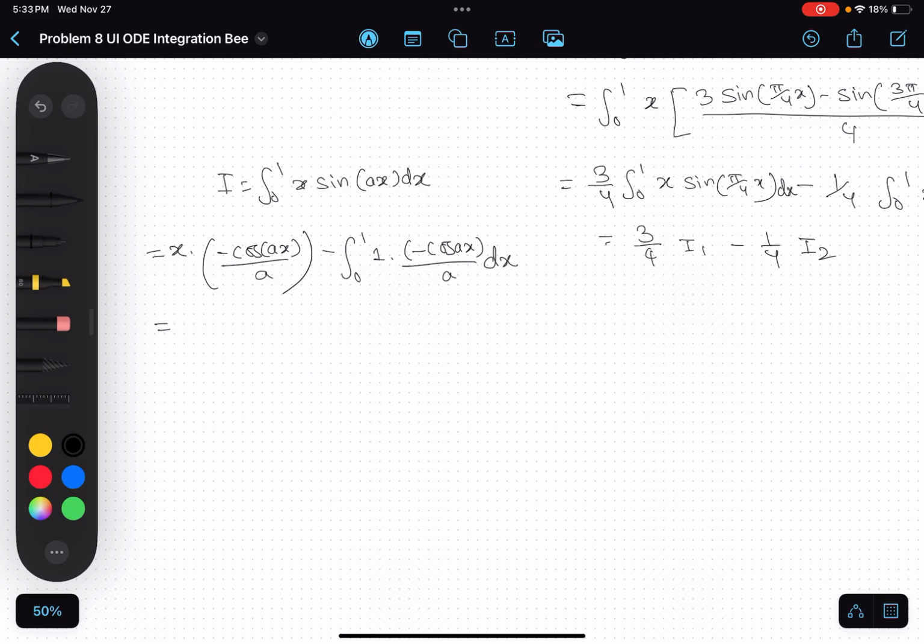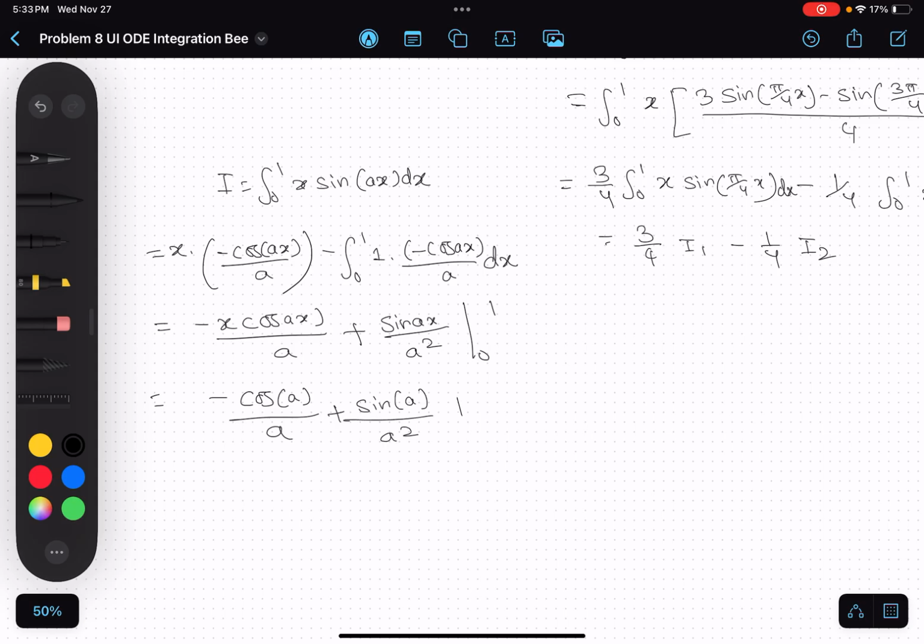So now this is minus x cos(ax)/a plus sin(ax)/a squared, from 0 to 1, right? At 1, this is minus cos a/a plus sin a/a squared. At 0, this is plus 0 because there's x, and here this is also 0, so minus 0.